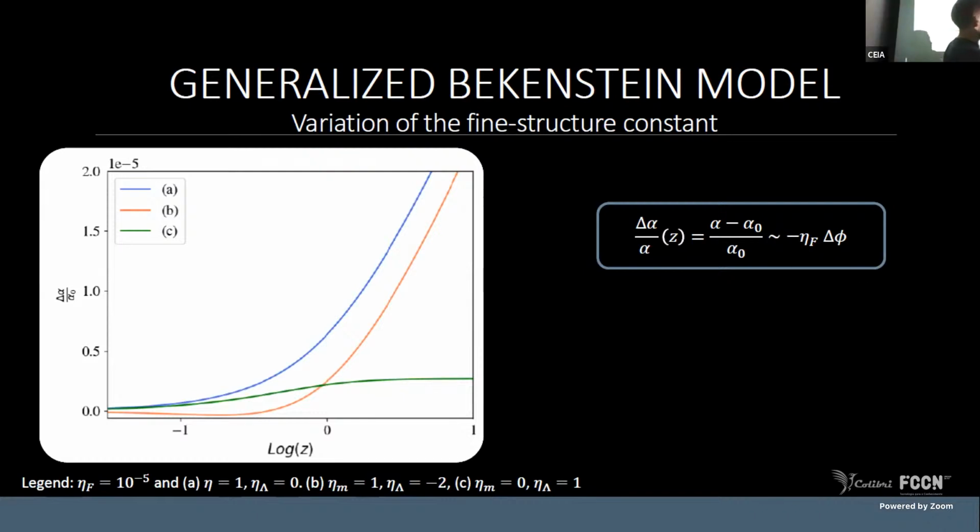So this is, okay, just some equations, but just to tell you that you can actually have a variation of alpha. And if this were not true, if we were in lambda CDM, we would just see a straight line. But because we're not, we see this baryon function. So we have these three lines, which are just different values of the parameters I told you, these etas, okay?